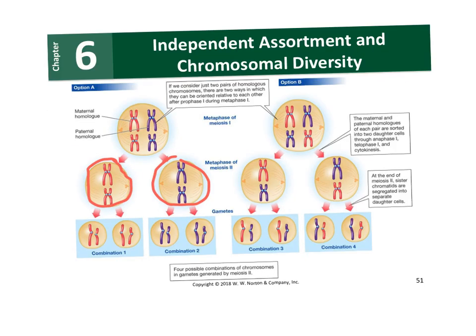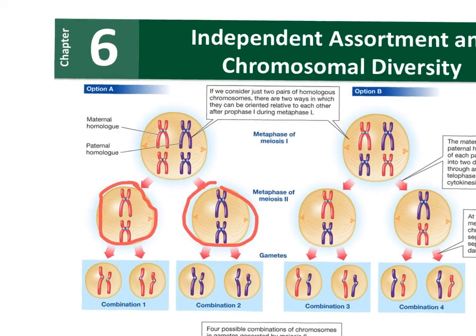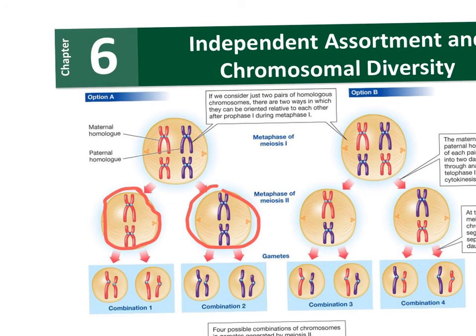Okay, now we're on to independent assortment. Forget about crossing over. Okay, so we've got homologous chromosomes in the top here. We've got maternal chromosomes, and paternal chromosomes.